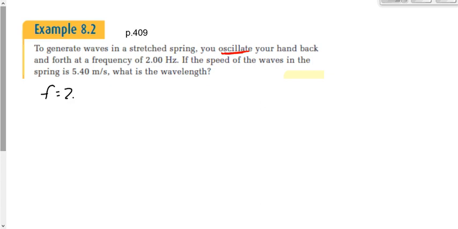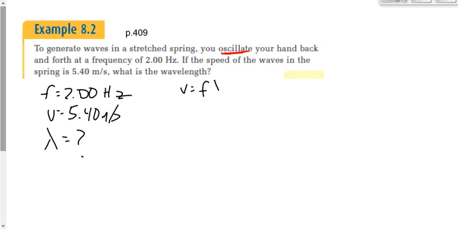Here's the frequency, 2.00 hertz. The speed of the wave is 5.40 meters per second, and we want to find the wavelength. What are we going to do? v equals d over t? That's valid, right? But we're going to use v is equal to f times lambda. How do you get rid of the f?